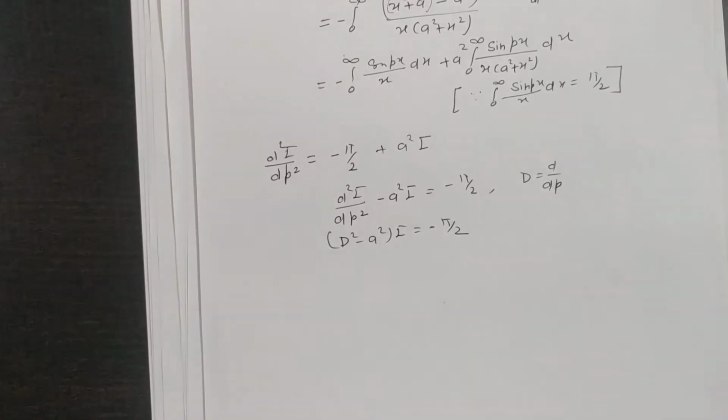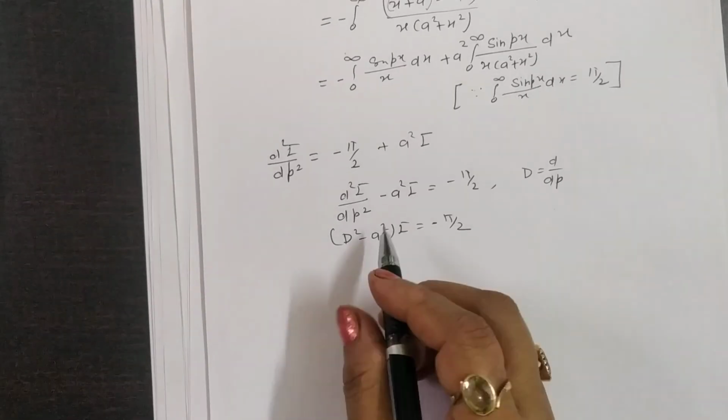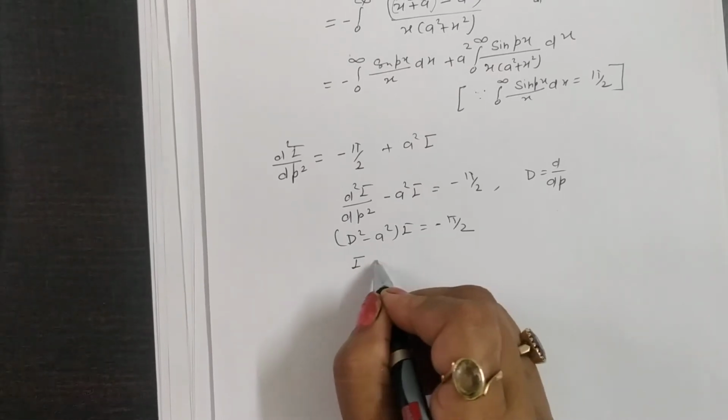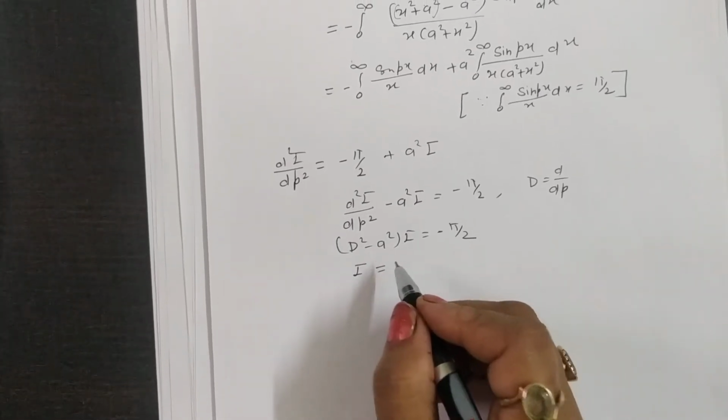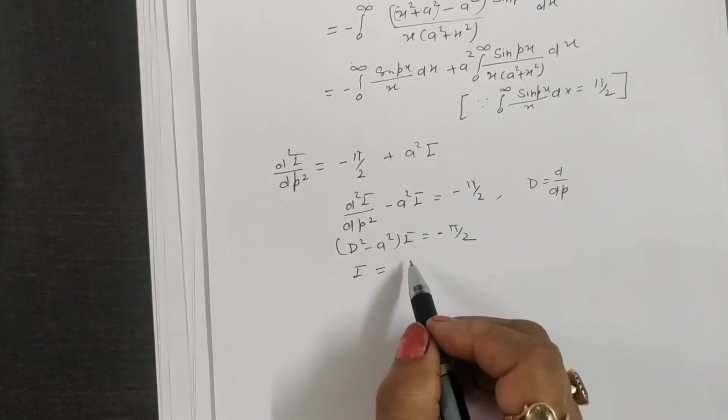Now students, find the solution of this differential equation. The complementary function: m square minus a square is equal to 0, that is m equals plus or minus a.